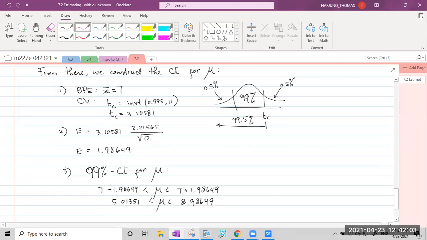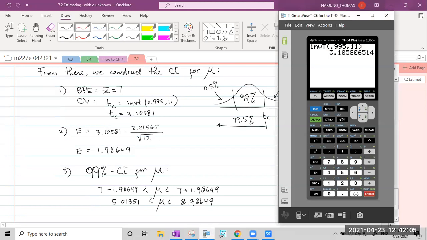In the past, we confirmed this, right? We go to stat, test, T interval, and the confidence level is 99%.